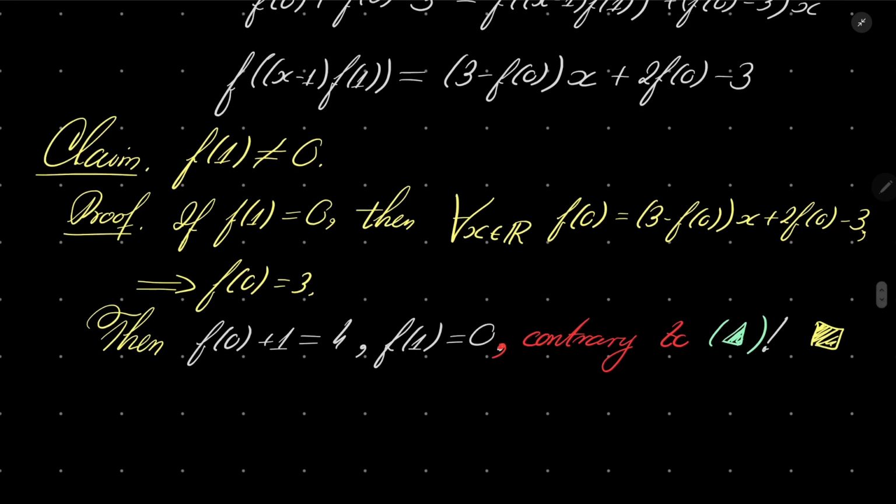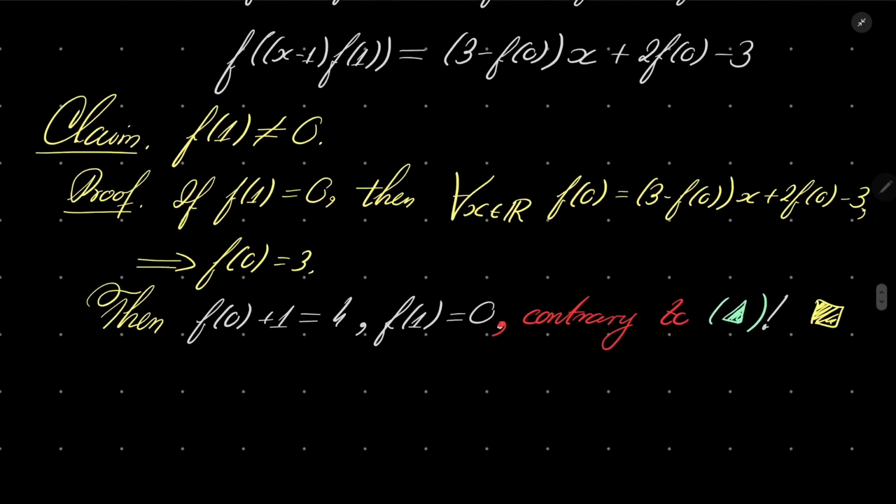F of 1 cannot be 0, and that allows us to do something nice.